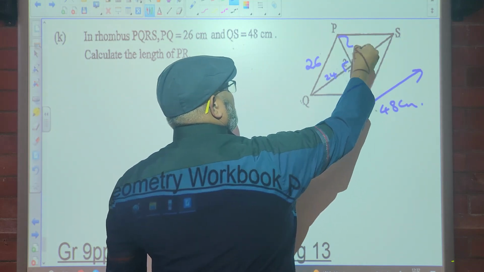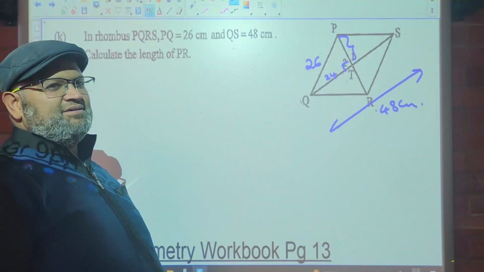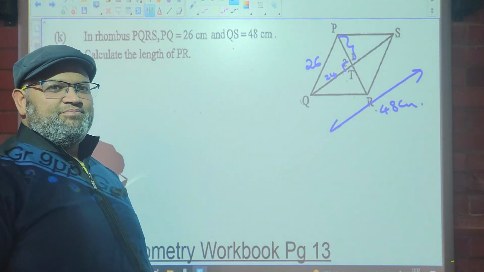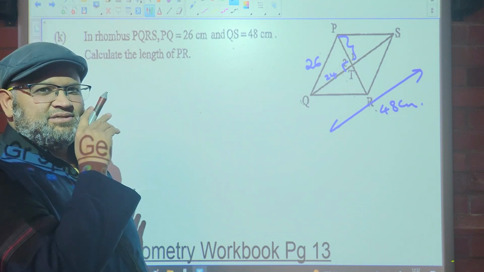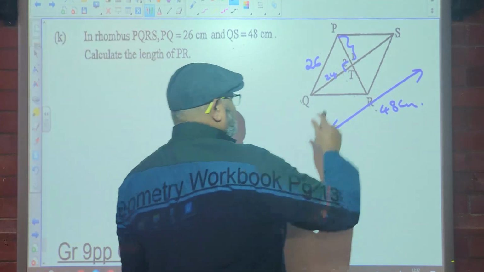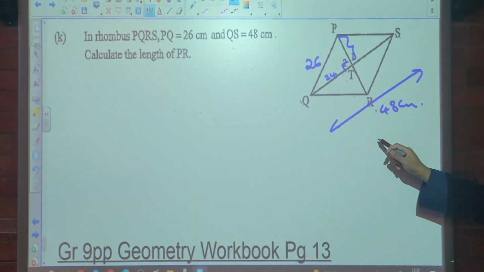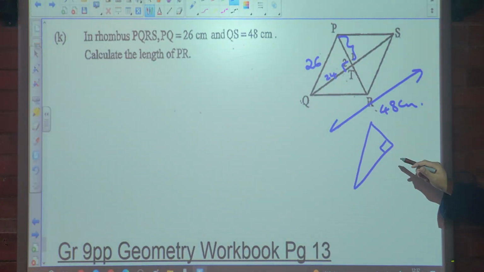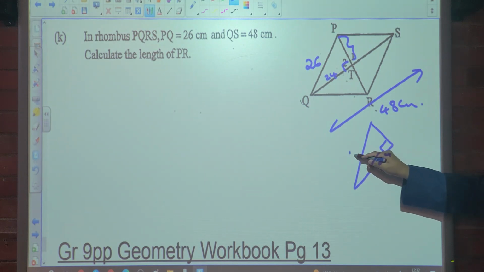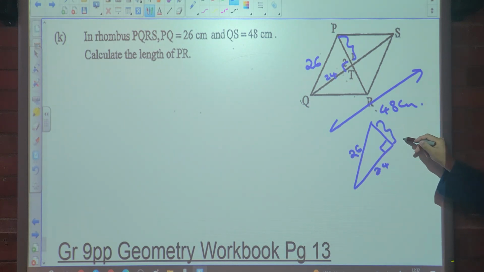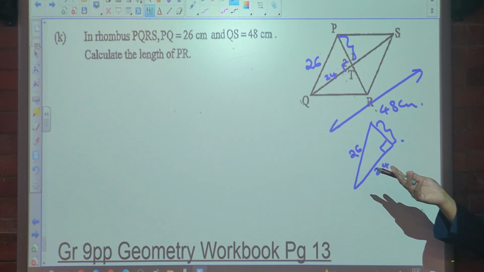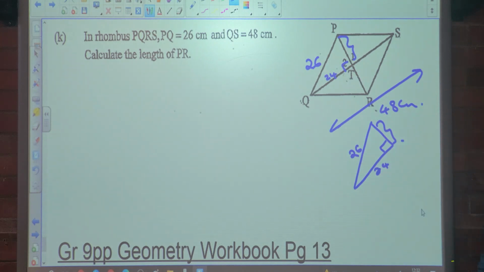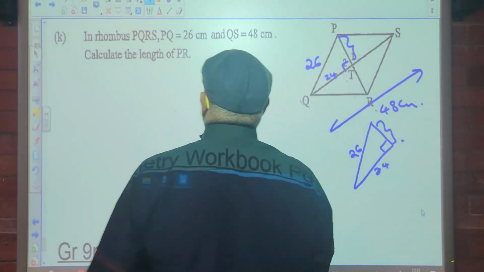So I will be able to calculate PT by using Pythagoras. You all see it? You've got the right angle triangle. So you can calculate PT. But they want PR. Are you going to calculate PR? Double. Diagonals bisect each other. Do you understand? It's so easy.